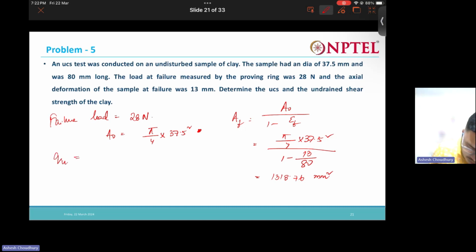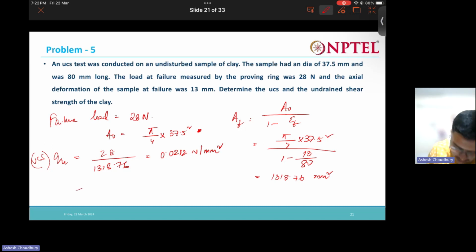What is the qu? qu was what? Unconfined compressive strength, UCS. qu square. And what is your shear strength then?